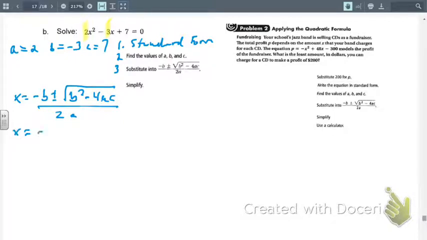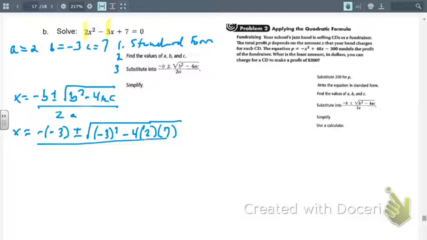So always write that negative, and then in parentheses put your b, so it's negative 3 plus or minus the square root b squared, so negative 3 squared minus 4 times 2 times 7 all over 2 times 2.